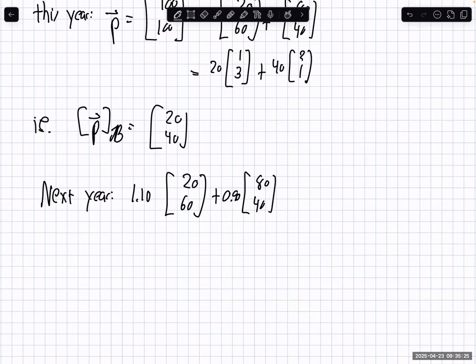Okay, so this is the calculation I make. Oh, actually, let me do it this way.